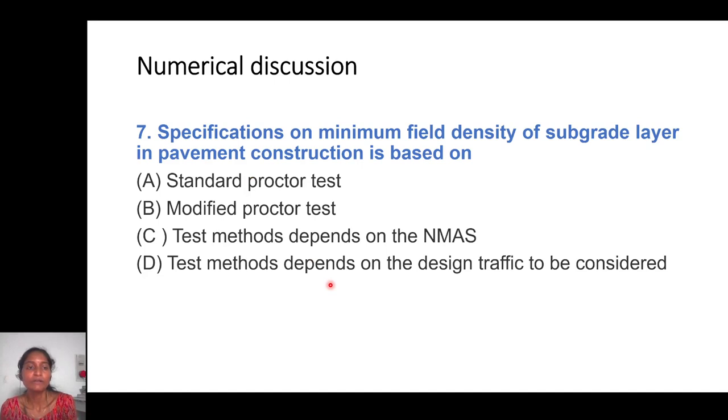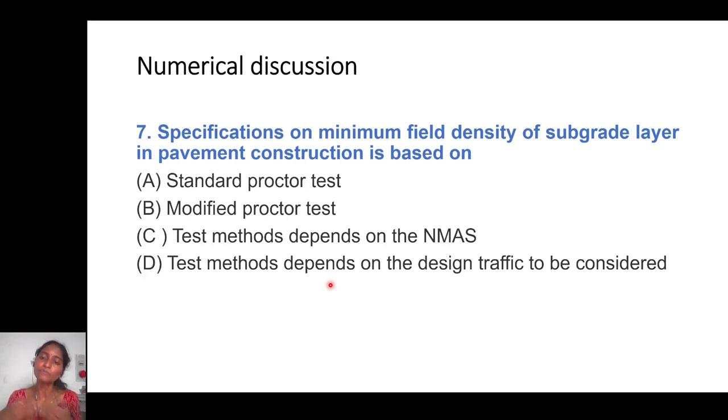And this question: specifications on minimum field density of subgrade layer in pavement construction is based on what? As you could have seen in one of the videos and one of the tables, for subgrade you have a different criterion to compact, because we are not going to compact subgrade to the maximum dry density. If you move from top to bottom of the pavement layers, the top is the most priority, because it is subjected to the more critical stresses from the wheel loads.